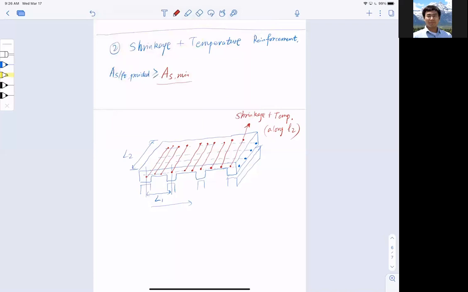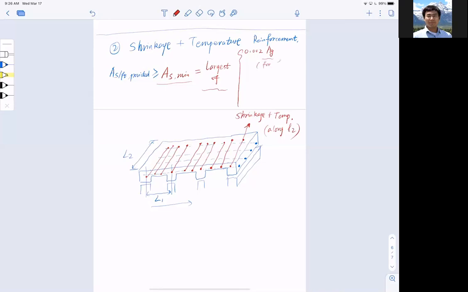Okay, so how complicated? Here you go. This minimum is equal to the largest of these three. First of all, 0.002 Ag, the same definition as previously for Ag, but with a little bit of a condition.